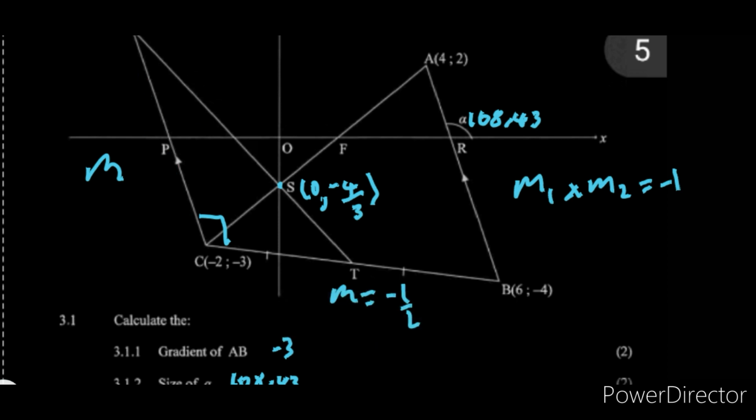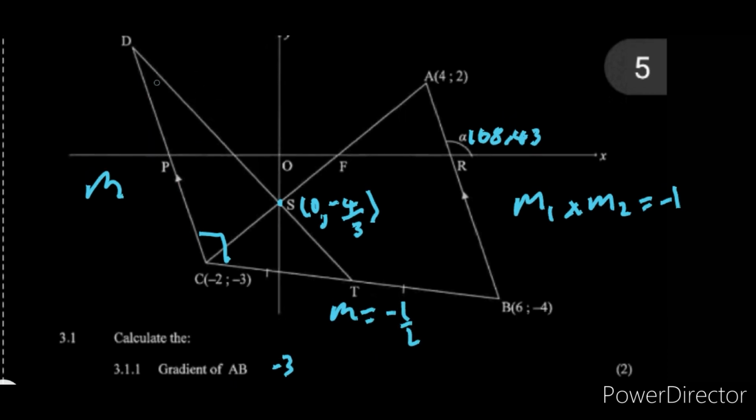So what you would do to find the other gradient is, let's call this the gradient of the first one, or if you want, you can just call it the gradient of CD. So you can say m of CD times the gradient of this stuff. So this stuff is CB, so times the gradient of CB is equal to -1.